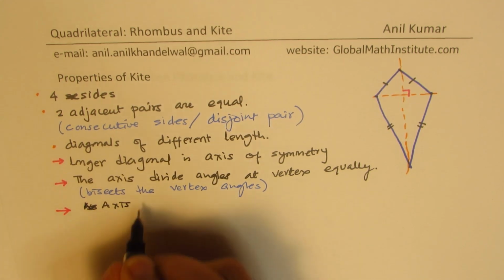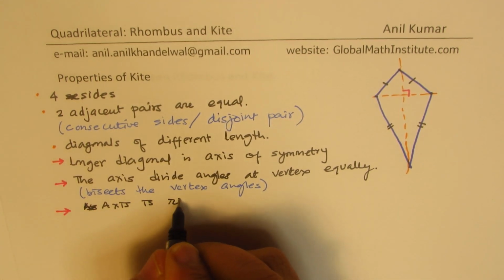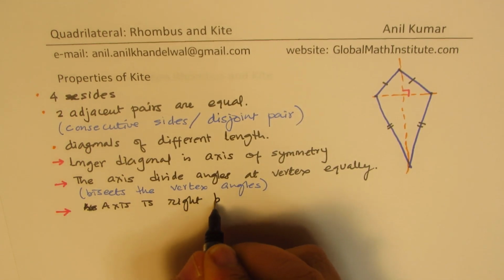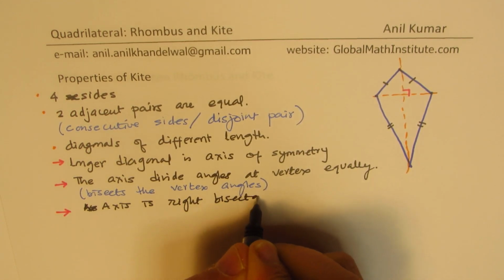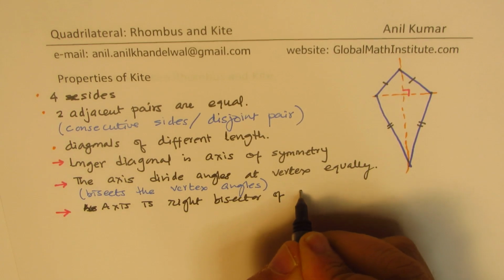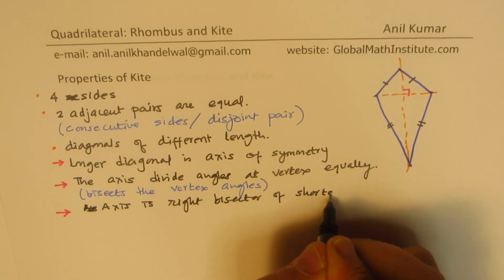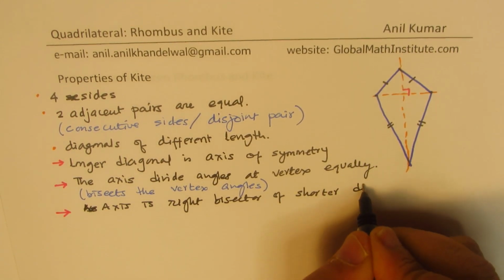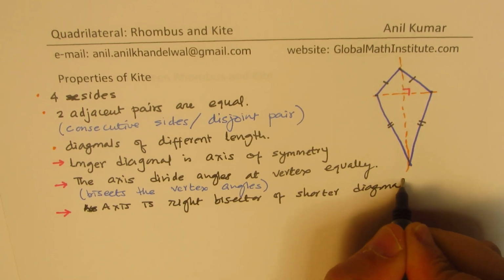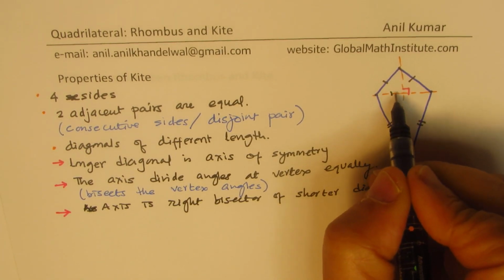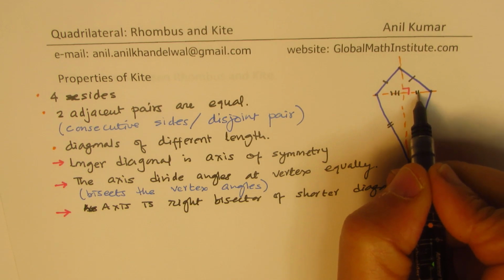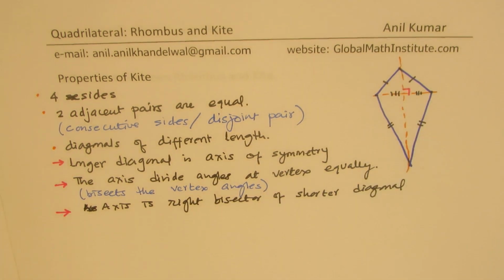The axis is the right bisector of the shorter or the other diagonal. So these two sides are equal. That is what we are trying to say, right?